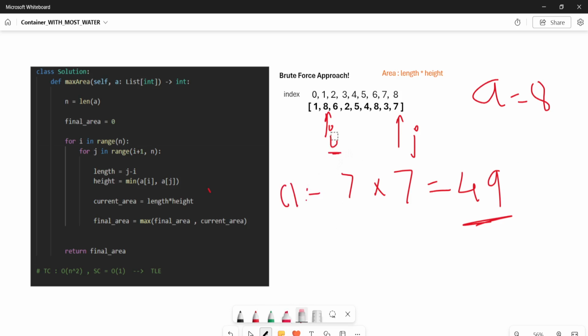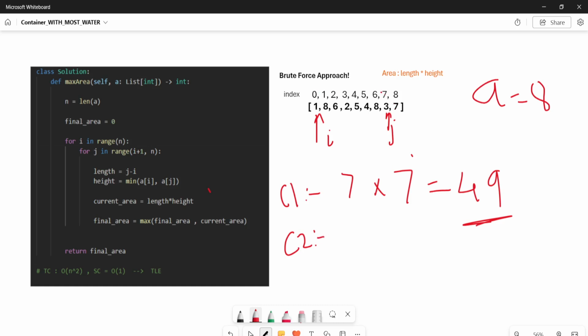Let's check the other case, when we are not moving I, it is still here, and we are moving the J pointer. We are bringing the J pointer here. Let's check the area now. So case 2, right?